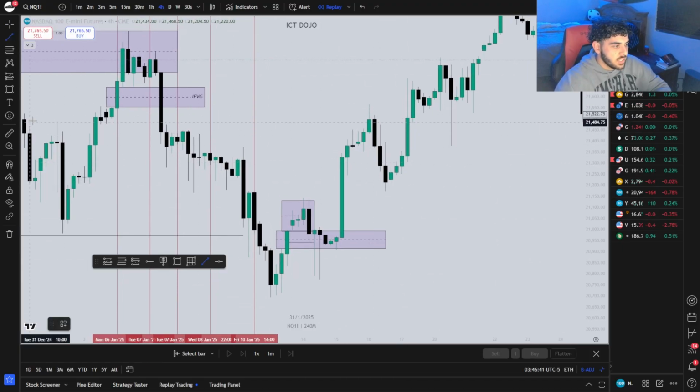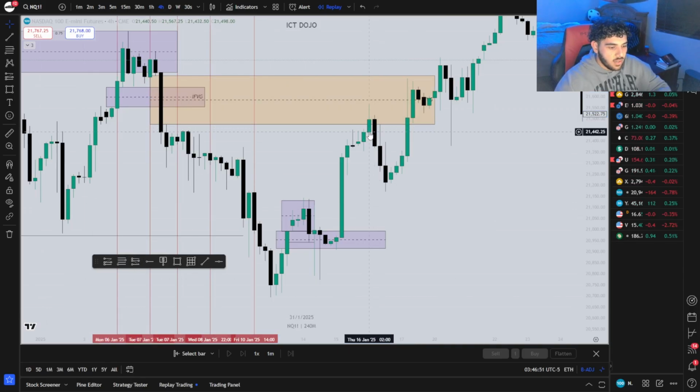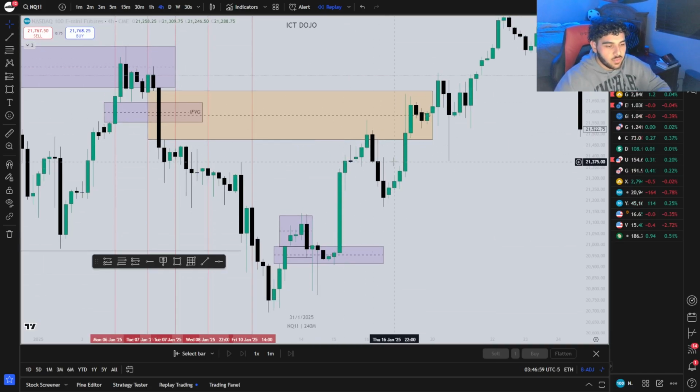However, as we get deeper into a premium, we're going to see some kind of resistance right here. That's okay. Obviously, you shouldn't be trading into a bullish 4 hour fair value gap. If we see that, we're not going to be going longs.